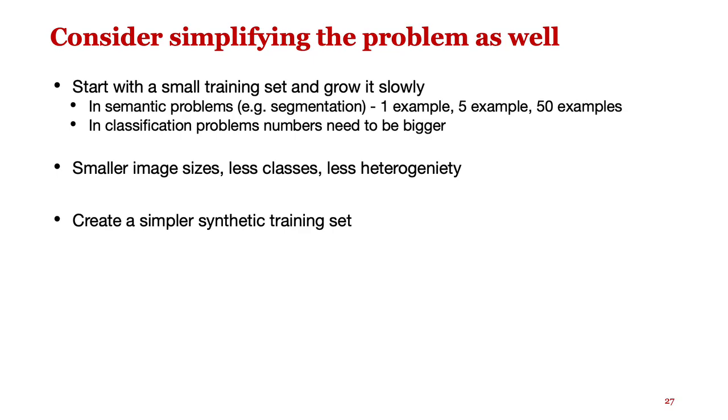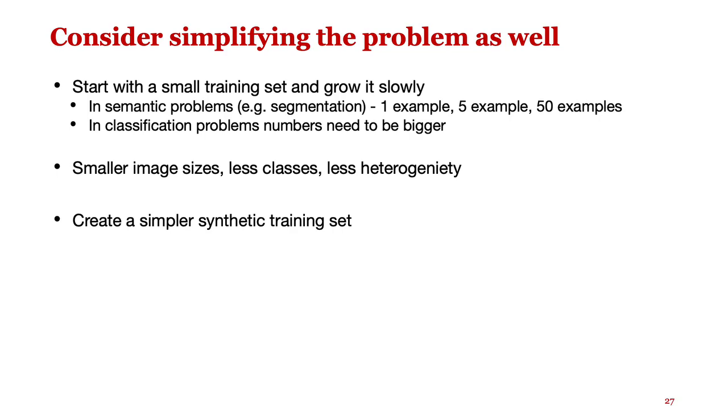The other thing you could try is to use smaller images, fewer classes, and less heterogeneity. For example, if you have many thousands of images, maybe many disease classes, and data coming from multiple sites, just start with something simpler.